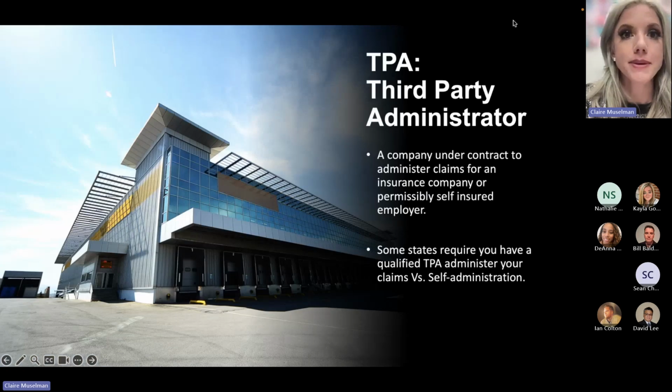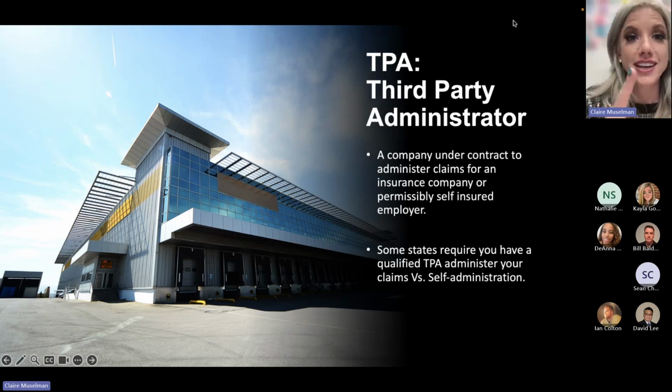So when we look at a TPA, and I know this is a big one for us to cover, this is where we have a third party that is not owned or operated by our company handle the risk. So they become under contract to handle claims either on behalf of an insurance company or on behalf of a self-insured employer.